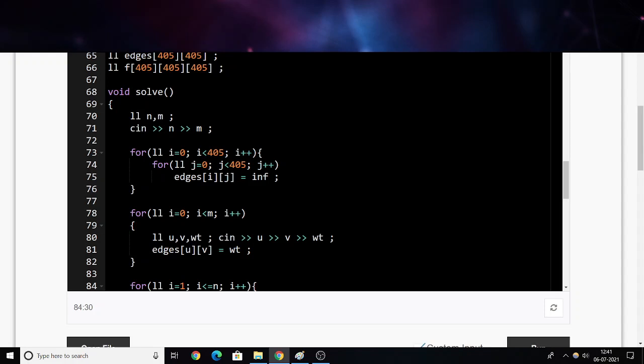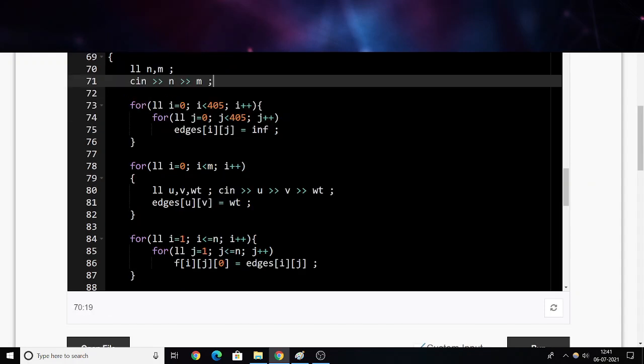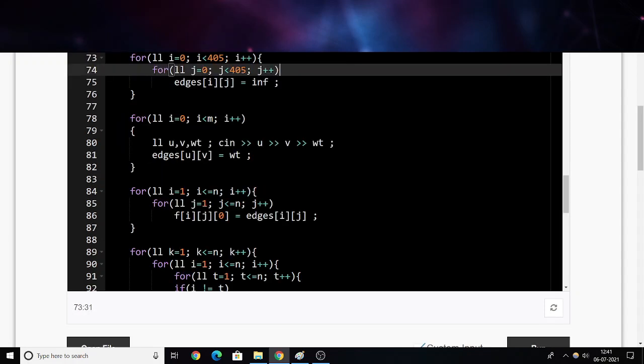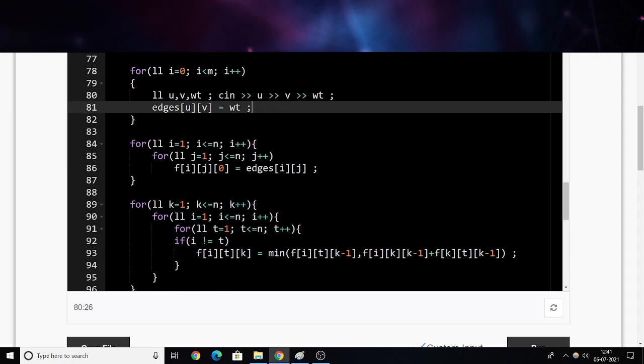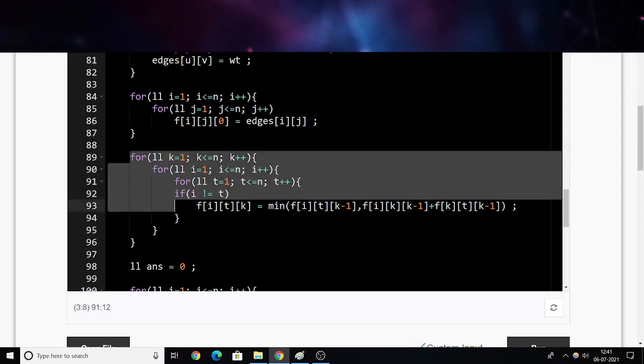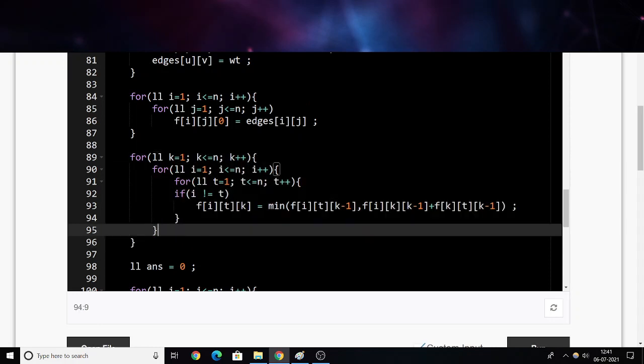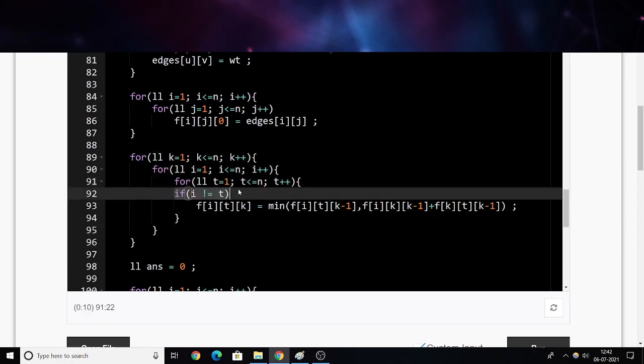In terms of code, we just take the input, initialize the weight to infinity, and then take the weight here. So weight of u comma v is basically the weight of the edge u to v. After which, this is the code for the transition. This is important, you need to write it to avoid some unnecessary values, because i is basically city s, t is city t.